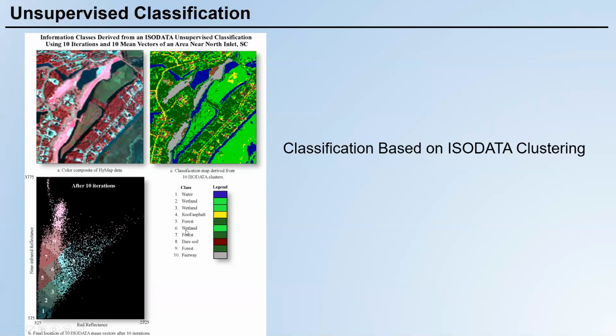For some reason, but class 6 is right here in this scatter plot after 10 iterations. So classes 2 and 3 are wetland, and class 6 is also wetland. In the feature space, you can see that class 6 and classes 3 and 2 are not very close to each other.